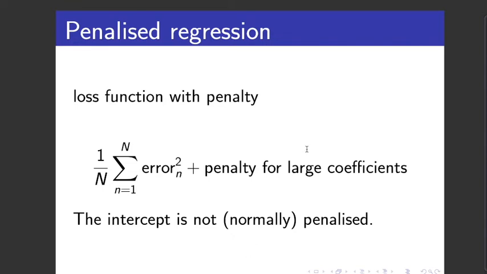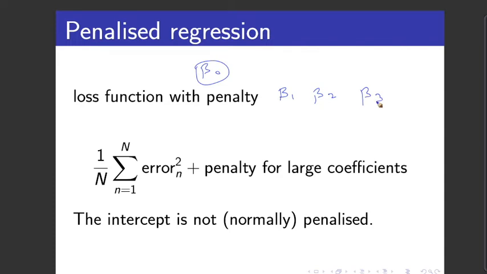Now, what might a penalty for large coefficients look like? Have a think. You should be able to make up some kind of penalty for large coefficients. Well, let's take two very popular choices. Imagine our coefficients are beta 1, beta 2. We're going to leave beta 0 to the side. The intercept is not normally penalized. Anyway, we have our coefficients.